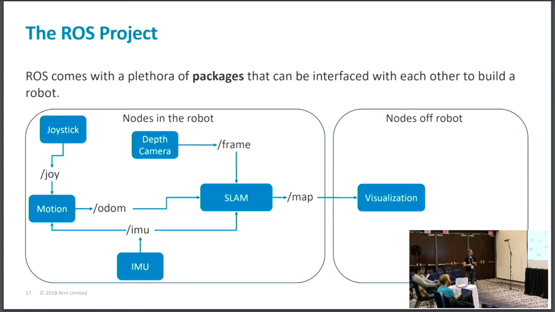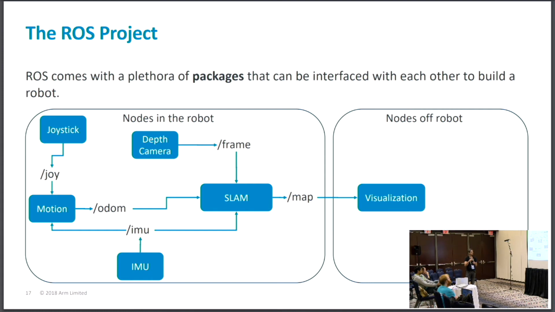You might also have a camera, which is a LiDAR, just detecting the depth of the environment, and all that information can be put together. Again, another module, which is completely standalone from the other ones, generates just a map in another topic. And you could have, off the robot, a visualization of that map.